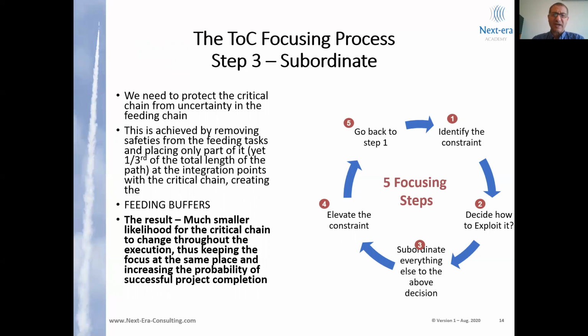This will protect the critical chain from variation and execution in the feeding chains that can be absorbed in the feeding buffer, and thus keep the focus of the project on the critical chain continuously.